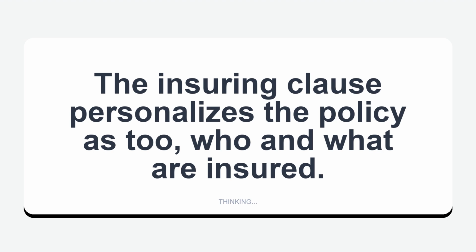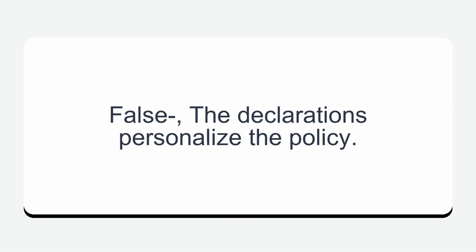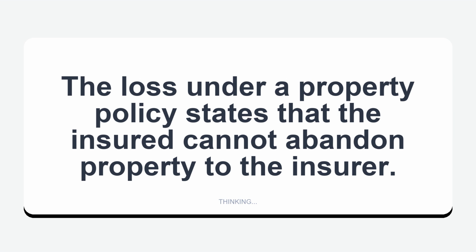The insuring clause personalizes the policy as to who and what are insured. False, the declarations personalize the policy. The loss under a property policy states that the insured cannot abandon property to the insurer. True.